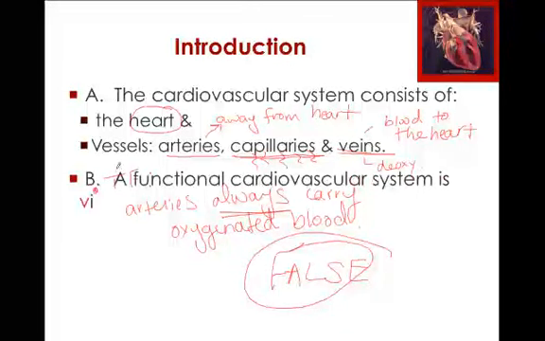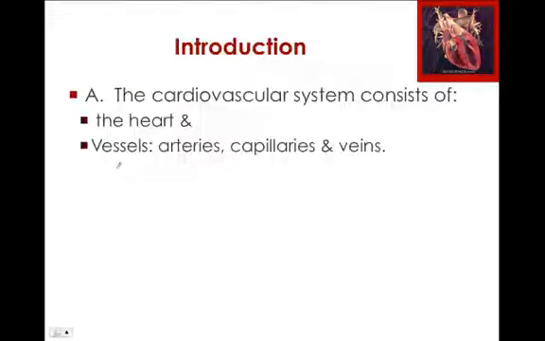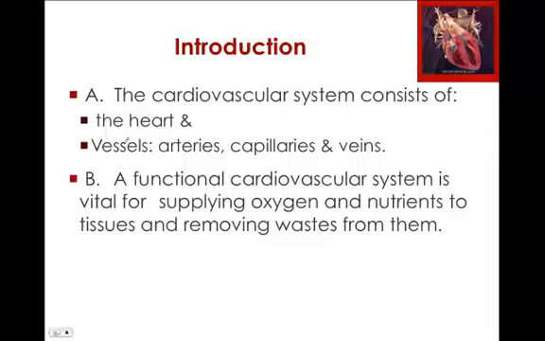Oh, I wrote all over my slide there. Let's do this. A functional cardiovascular system is obviously vital, but critically important for supplying oxygen to your tissues and supplying nutrients to your tissues. And then it's also very important for removing waste products as well.